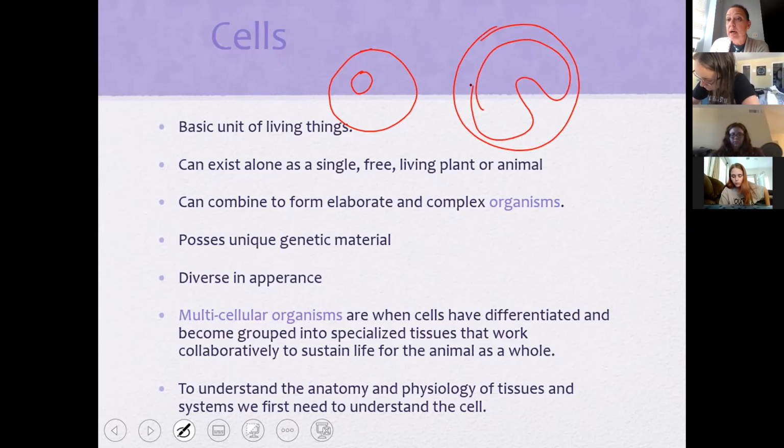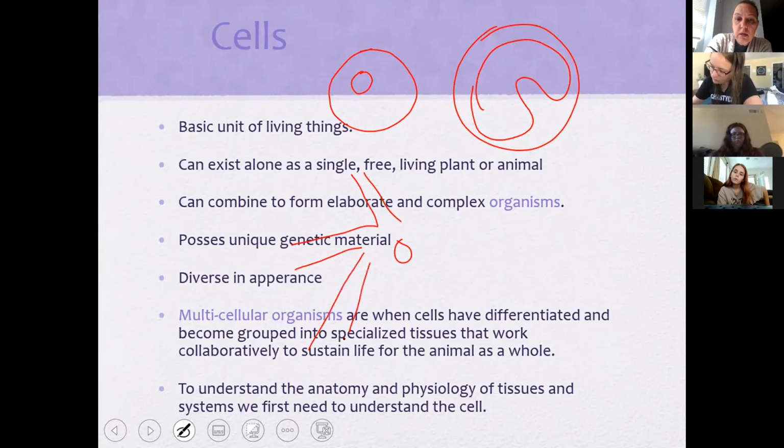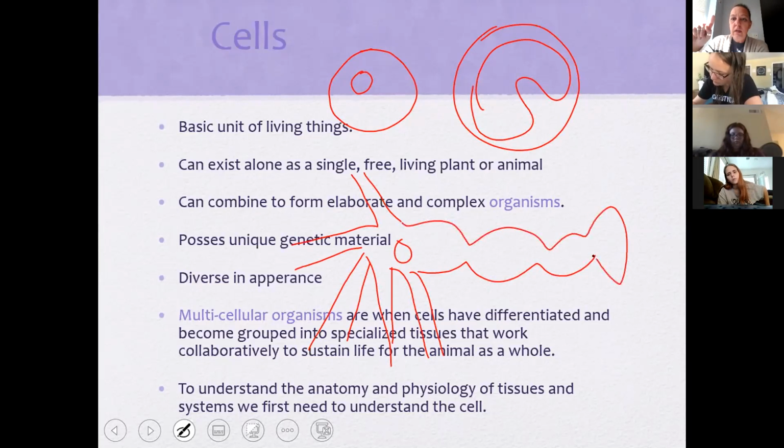Those are two of your white blood cells that help keep you safe. But look at this crazy guy I'm going to draw. That's a nerve cell. So you can see very, very different shapes depending on what their job is in your body.